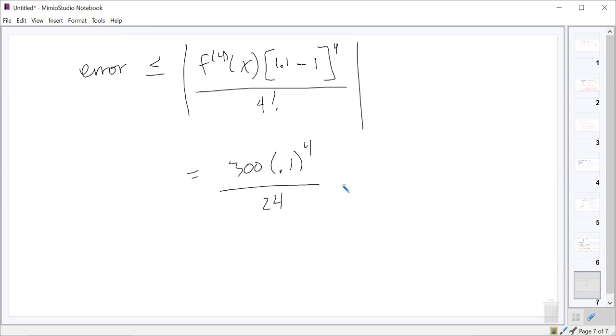And so we should be able to simplify that down. This is 0.1 to the fourth. So that should turn that into a 2400 in the denominator, and that'll cancel out with the 300 there. So we got 3 over 2400, which ought to be 1 over 800. So our bound on our error is 1/800.